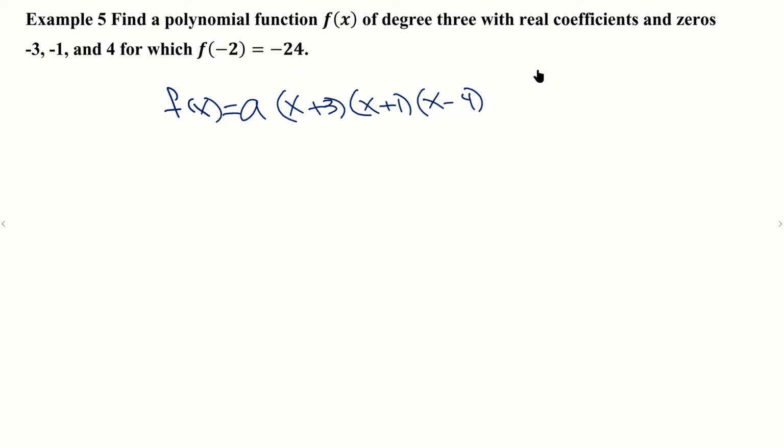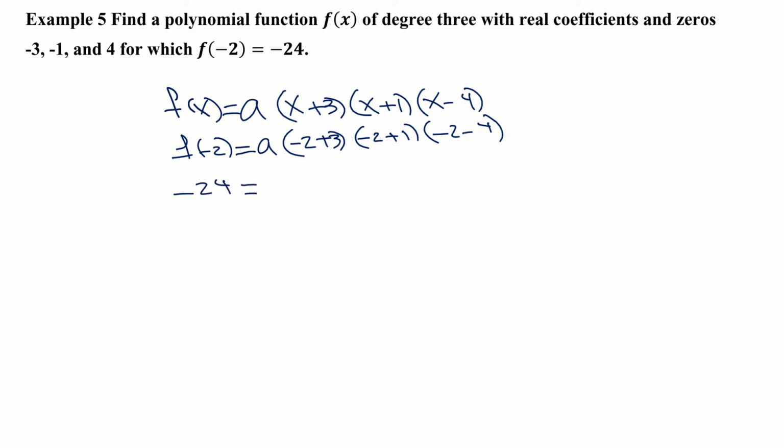So f of -2 is going to be a times, remember we're going to plug in -2 for x, like so, right? And remember, this f of -2 we're going to replace with -24. So now here we have 1.